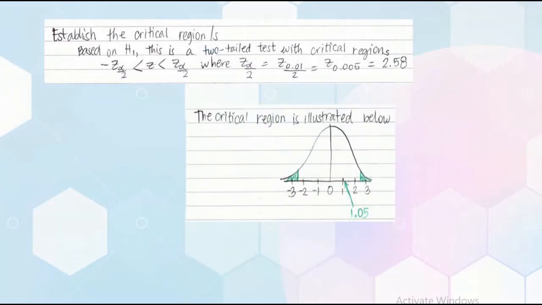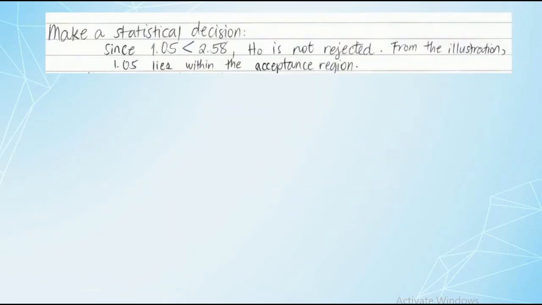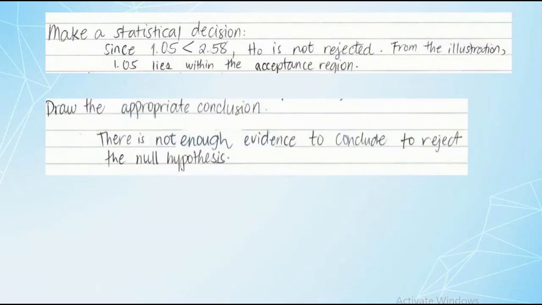The critical region is illustrated below. Make a statistical decision. Since 1.05 is less than 2.58, the null hypothesis is not rejected. From the illustration, 1.05 lies within the acceptance region. Draw the appropriate conclusion. There is not enough evidence to reject the null hypothesis.